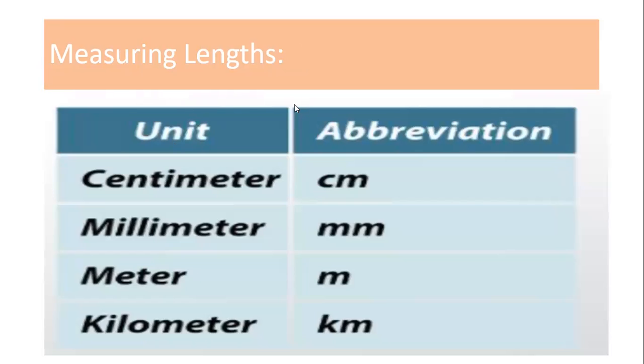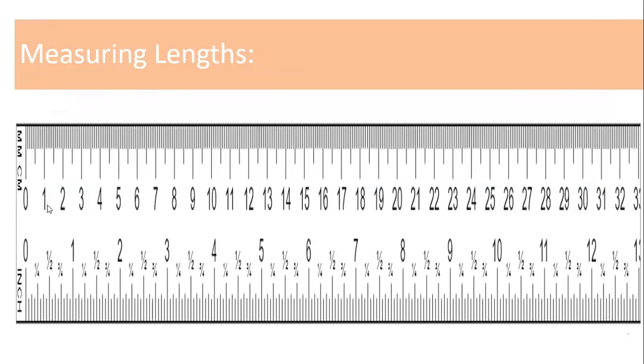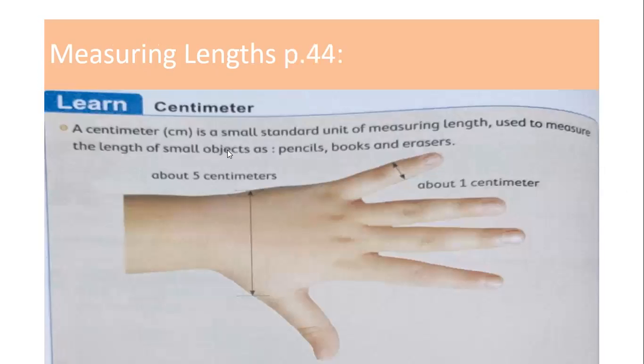Okay, these are the abbreviations. The centimeter equals cm, millimeter equals mm, meter equals m, kilometer equals km. This is also the ruler of centimeter. The big ones here are centimeter and the small ones are millimeter.